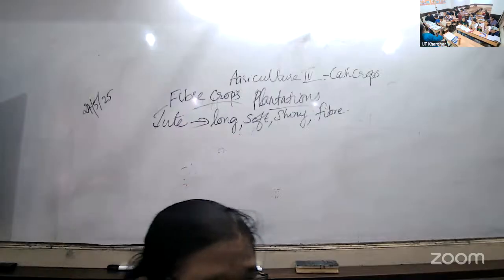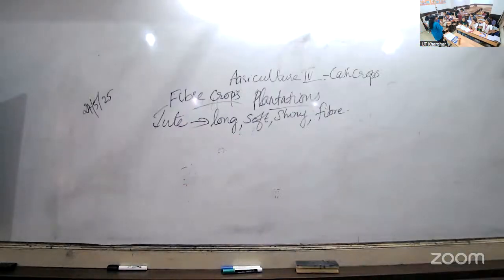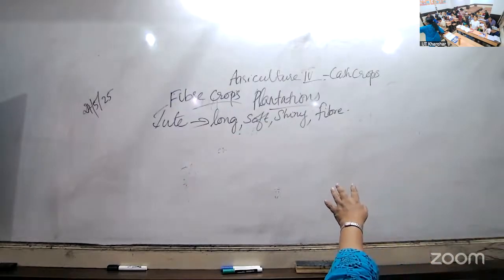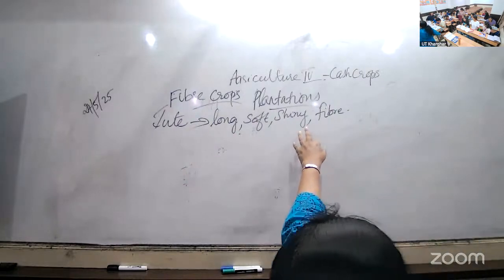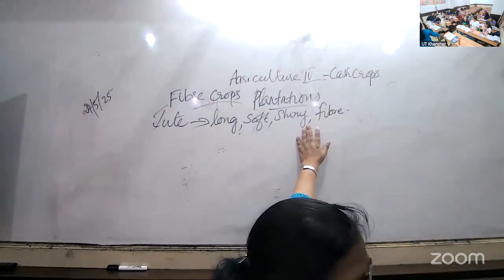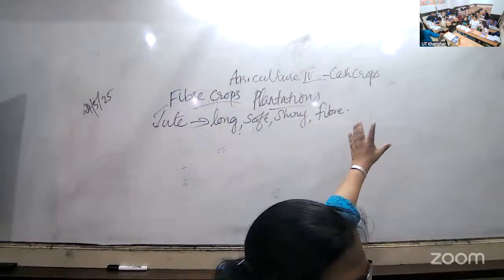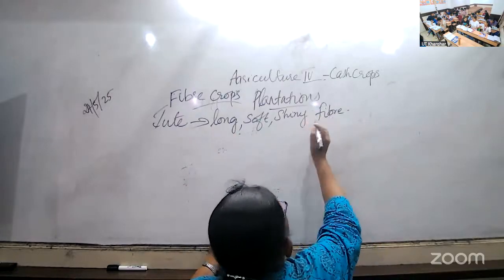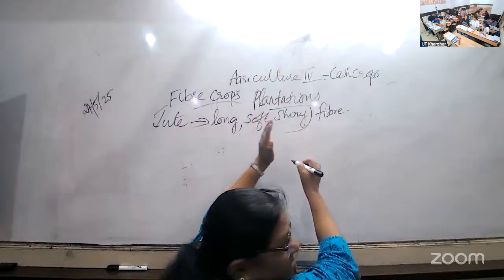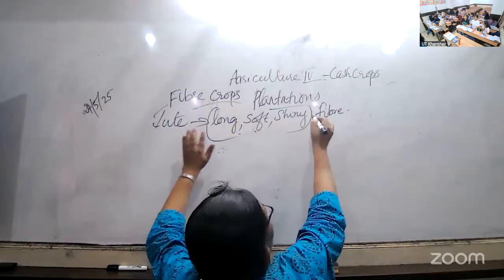Packing sacks, in which rice or wheat is packed. Basically, it's a fiber. These are the characteristics, and jute is a fiber.